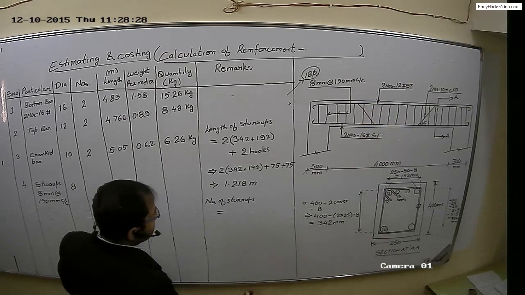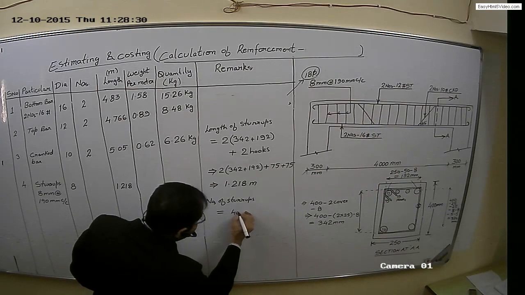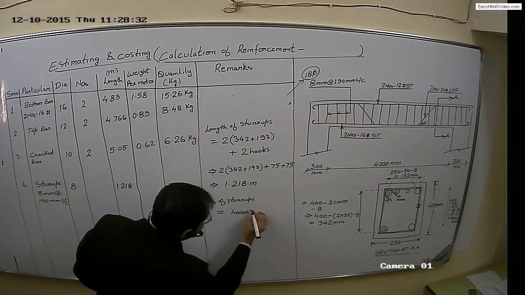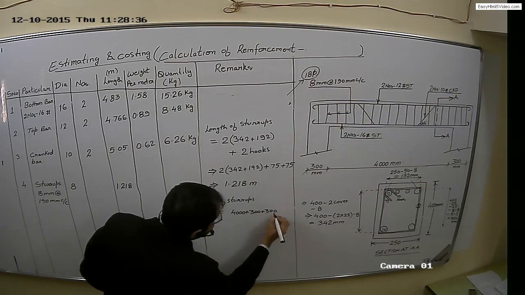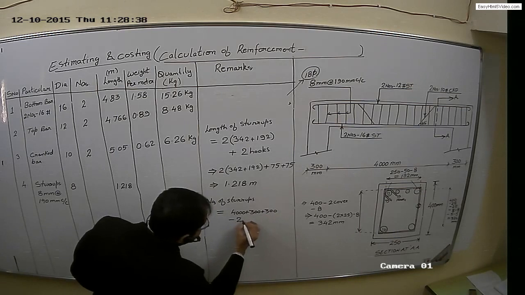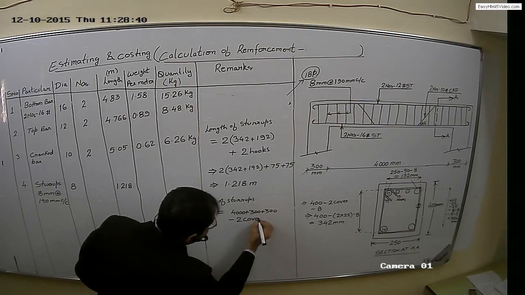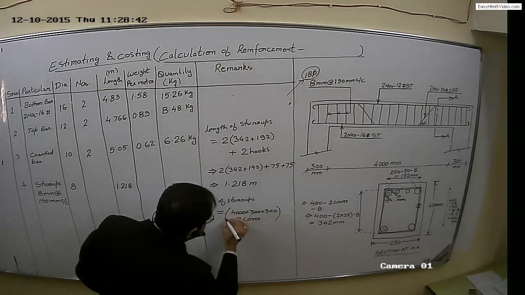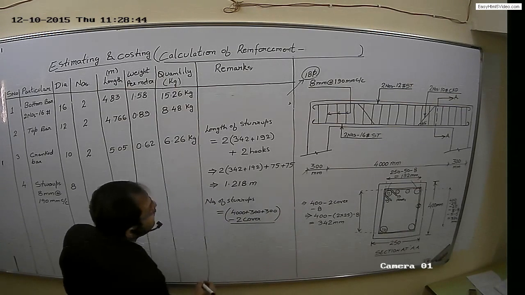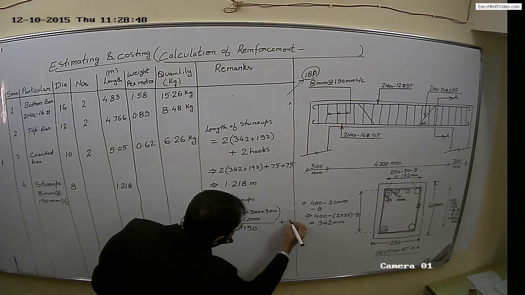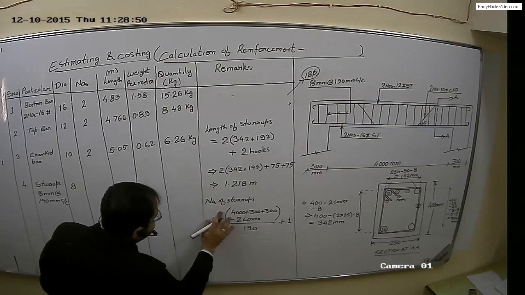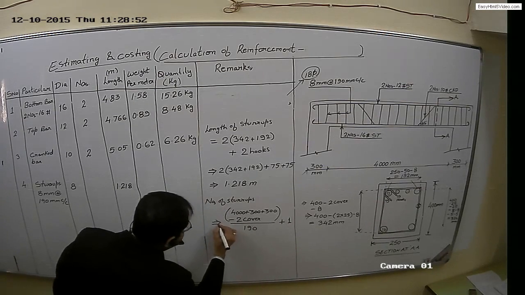So number of stirrups will be 4000 plus 300 plus 300 minus 2 covers. This has to be divided by spacing, which is 190 mm, and this whole quantity is added by 1 to get the total number of stirrups.